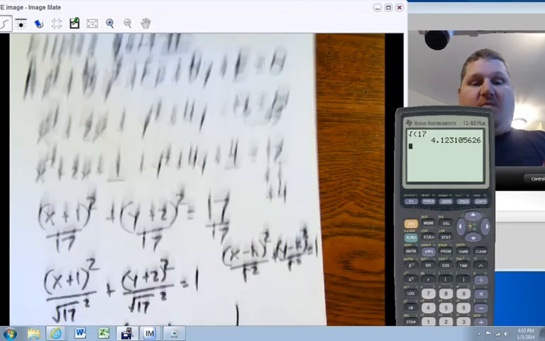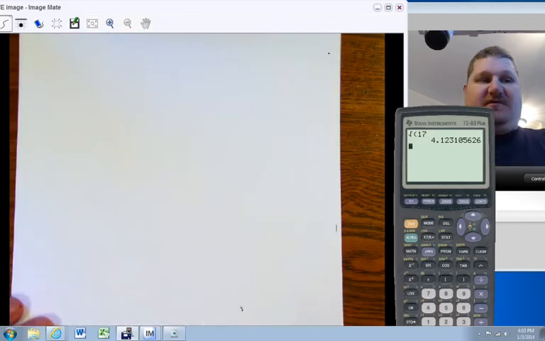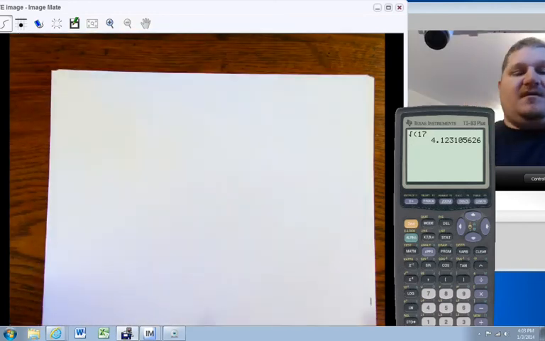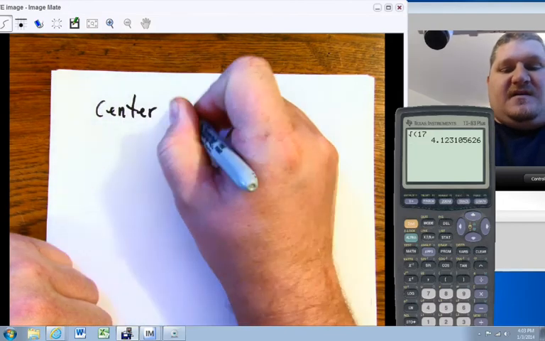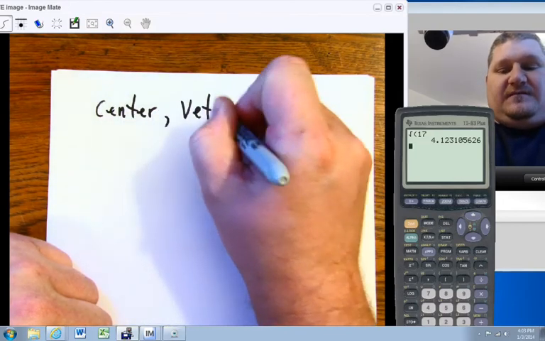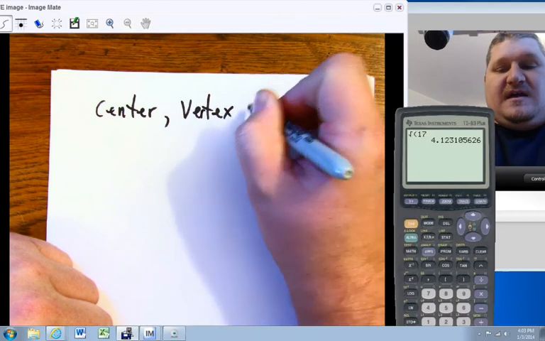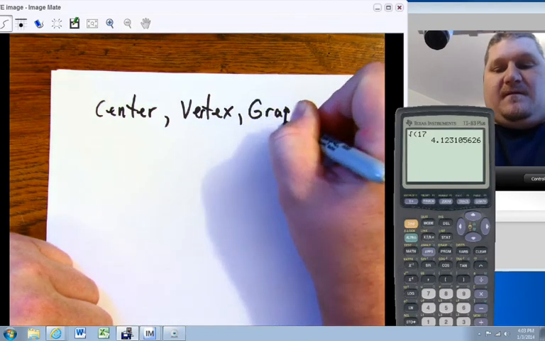Your homework is to do the following. I want you to find the center, vertex, and graph of the following.